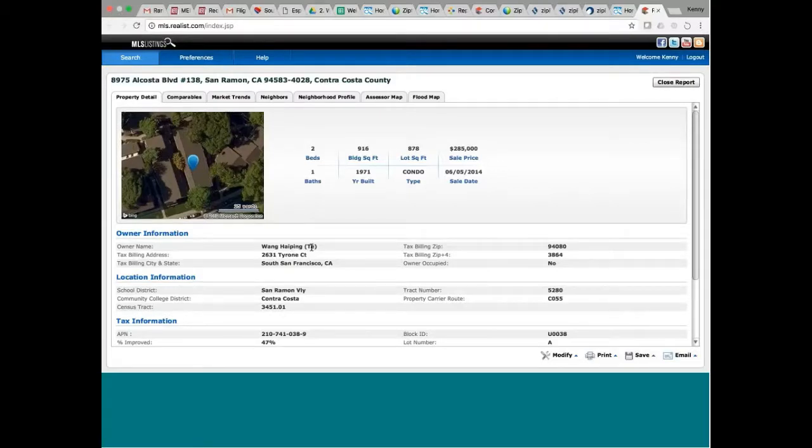However, to get the full name for the trust, it's better to get a copy of the grant deed. Usually it might be known as so-and-so family trust, U/A, that stands for under agreement, dated, and then whatever the date the trust was set up.